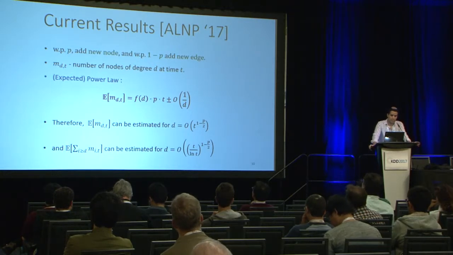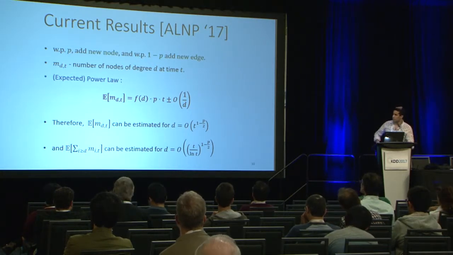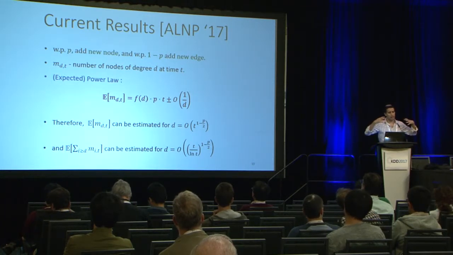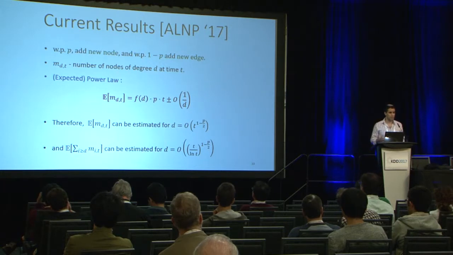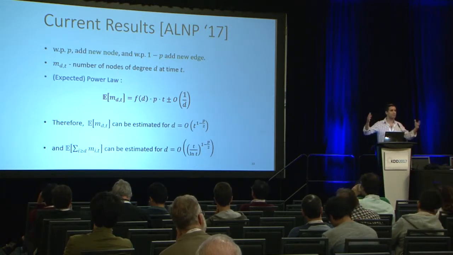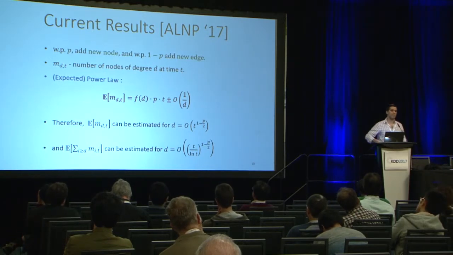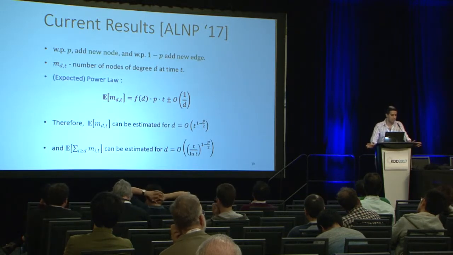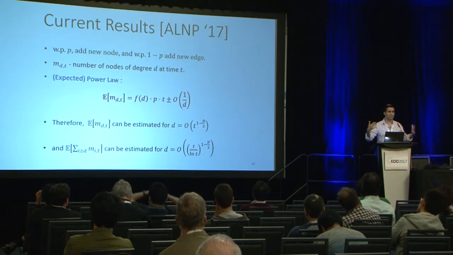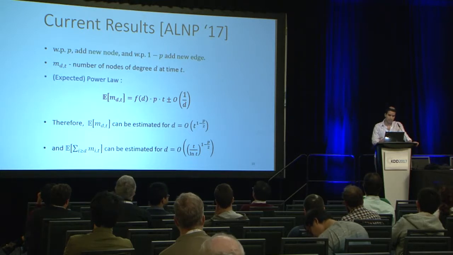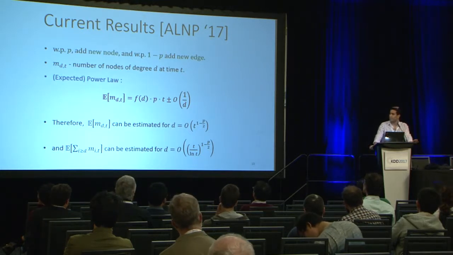But it's actually stronger than that. Maybe you don't want to just know the number of nodes of degree d, you want to look at what people like to call the rich club of the network. It's just the people with a lot of degrees. If you look at the people in Twitter, all the celebrities that have a lot of followers, and you ask yourself, how many celebrities do you have that have a lot of degree? Okay, so it's the rich club. You look only at the higher degrees, and we can also estimate that using our result.